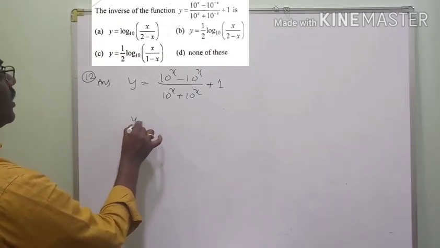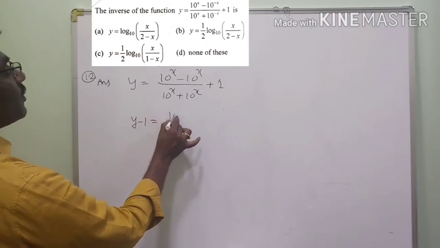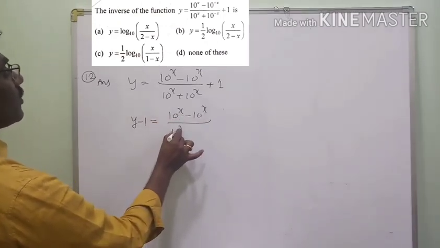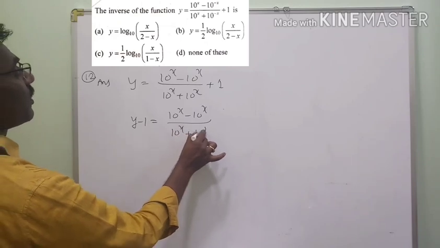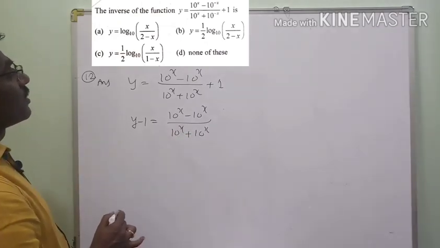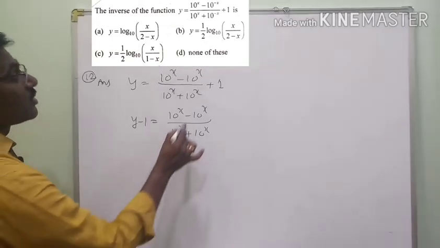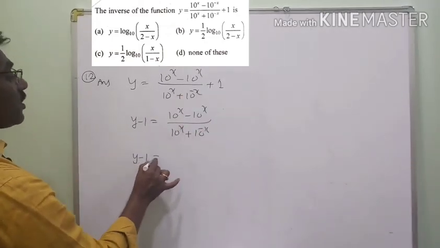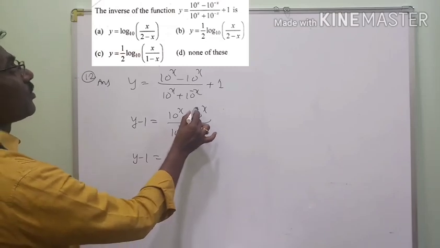When you take y minus 1 equal to 10 to the power x minus 10 to the power minus x by 10 to the power x plus 10 to the power minus x.